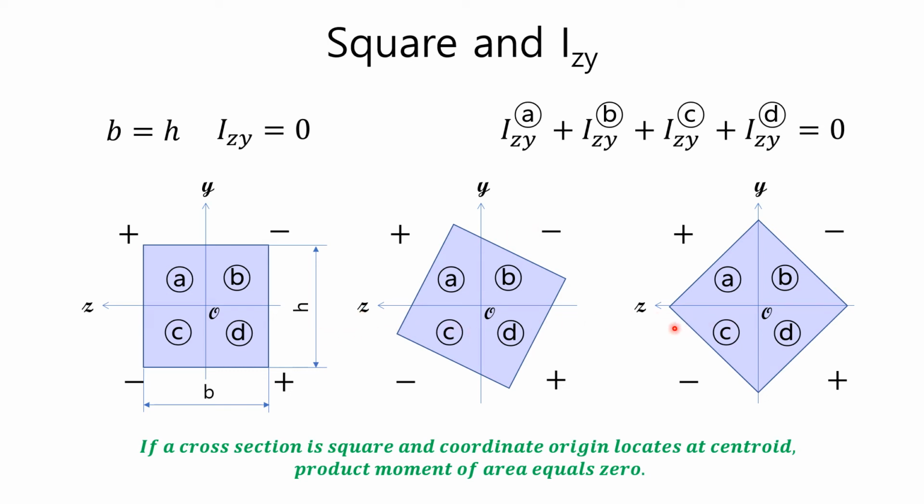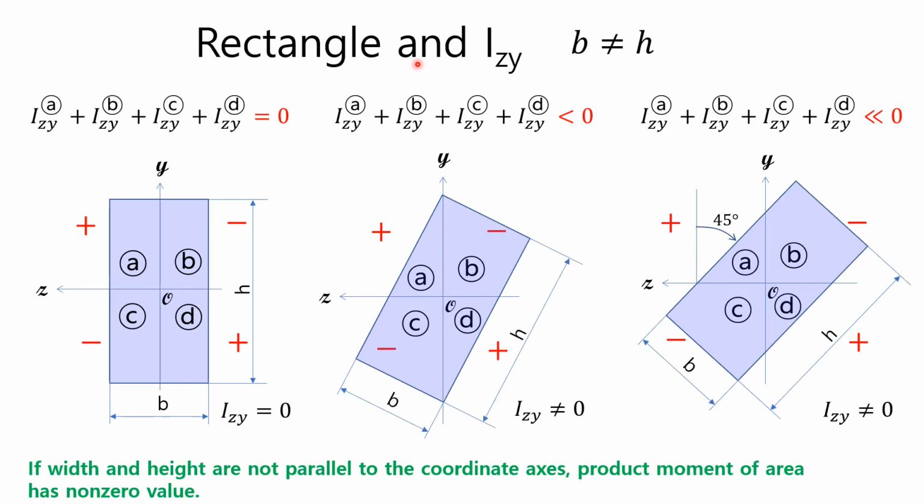As a result, we can conclude that if a cross-section is square and the coordinate origin locates at the centroid, the product moment of area equals 0. In the rectangles, the width doesn't equal the height. As you can see, the product moment of area is positive in the first and the third quadrant.